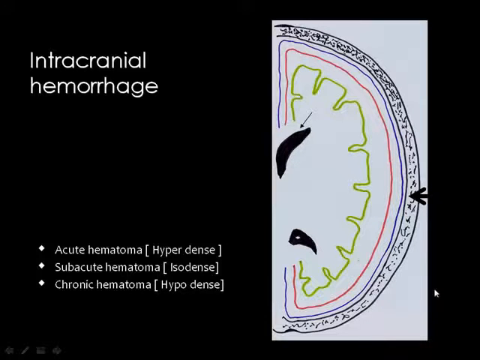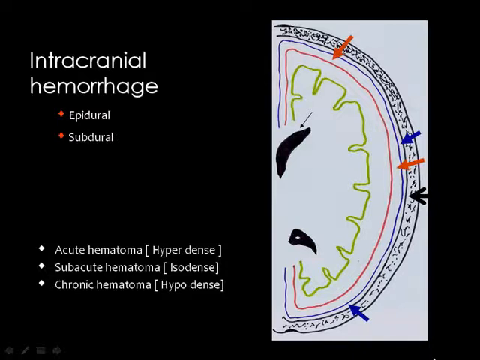Then, if hemorrhage is going to occur inside the cranium, what are the sites for intracranial hemorrhage? Let us see this drawing, which shows the skull table, and this blue line represents the dura, this red line represents the arachnoid, and this green line represents the pia mater, which is adherent to the surface of the brain. Then if hemorrhage is going to occur, number one, it will occur between the skull and the dura, and this is known as extradural hemorrhage or epidural hemorrhage.